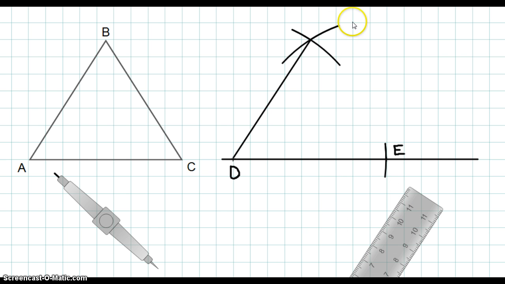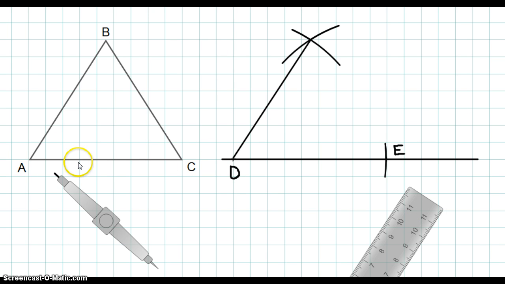You can see our congruent triangle is slowly developing. First we started off with a line, and then using that line we completed one corresponding side. Now we have two corresponding sides.